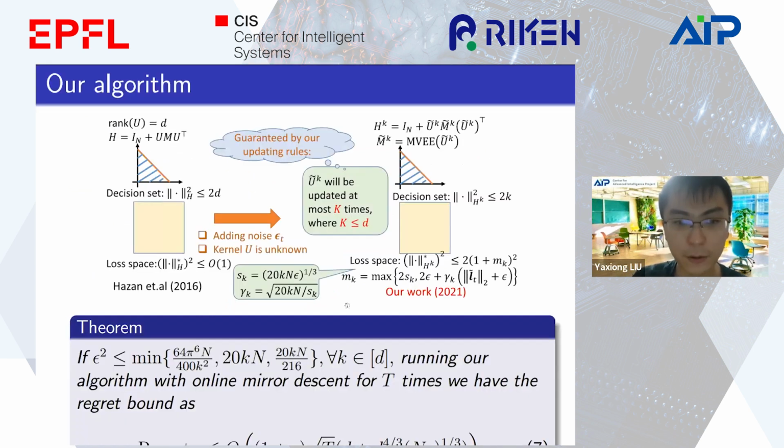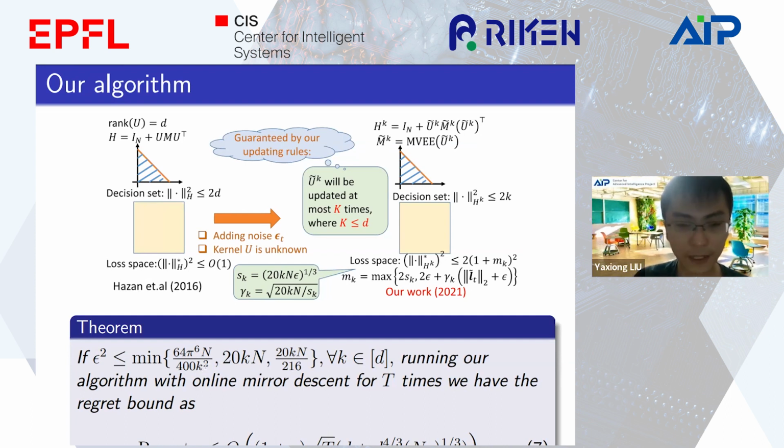Actually, the theoretical result shows that the error should not be very large. So we can have this regret bound. But as we can say here, if epsilon square is bounded by the minimum of this part, and actually in our case, the d must be in the order of square root of log n.